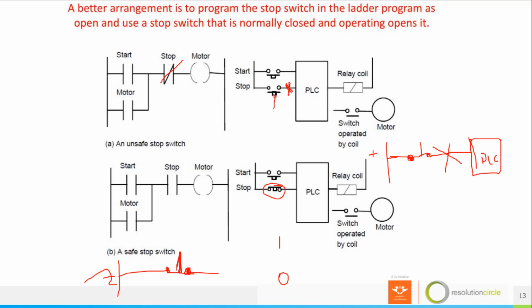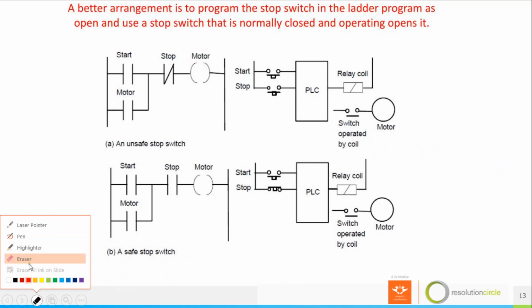When you come, you press your stop push button, the PLC won't receive any signal and that emergency won't stop. So it is always safe to connect your stop button as a normally open on a PLC, and physically you get a normally closed stop button.